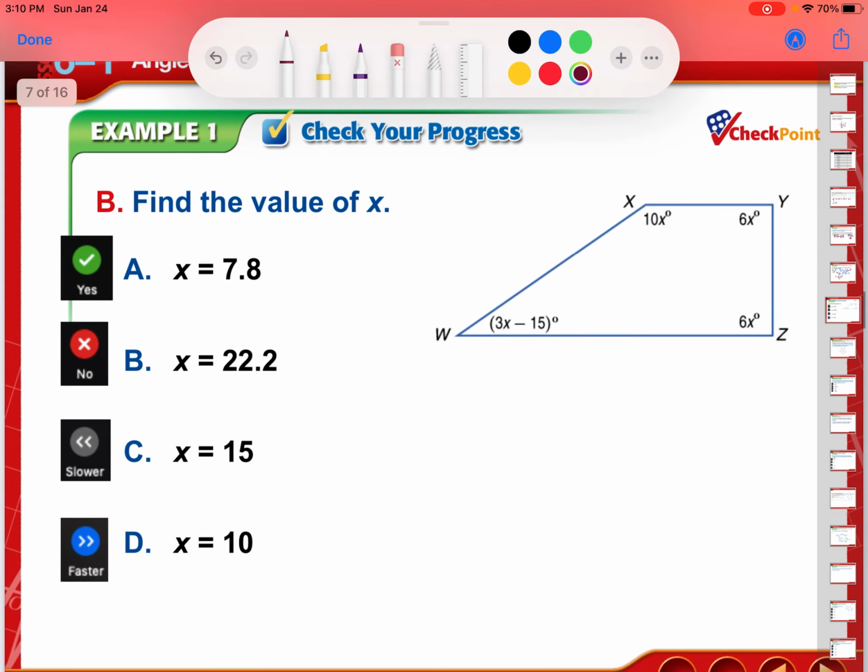Alright, so continuing on, find the value of x. Once again, this is one that you would do by yourself in class, but we'll do it together real quick. So we have 25x minus 15 equals 360. So 345 equals 25x. 345 divided by 25 is going to give us 13.8.